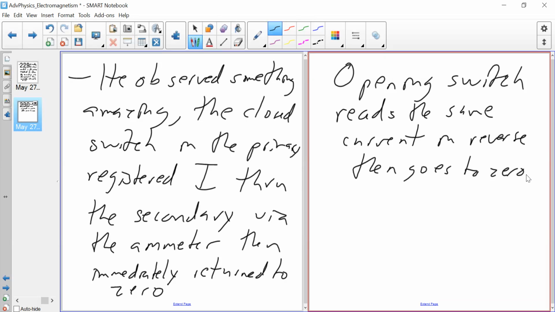So what we see here is that when Faraday ran current through the primary coil, we got an instant readout, but then it went to 0 because now it's a steady current value.